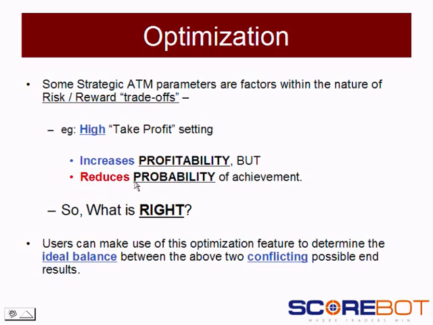However, it reduces the probability of achieving the target. So, what is right? Now, users can make use of this optimization feature to determine the ideal balance between the above two conflicting possible end results.